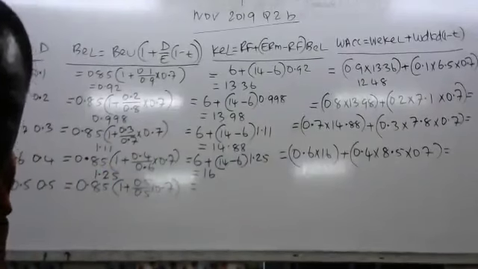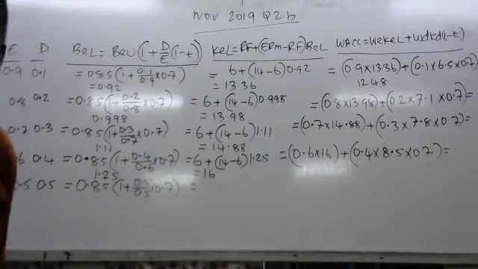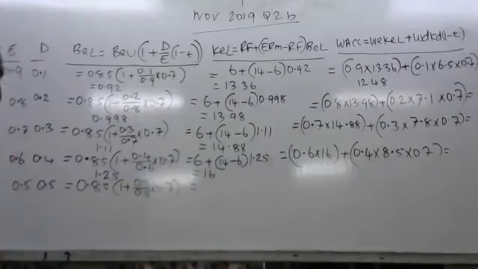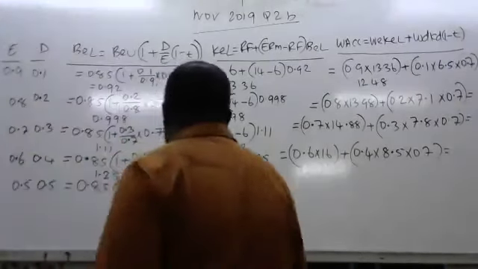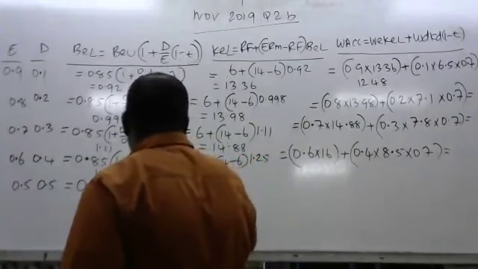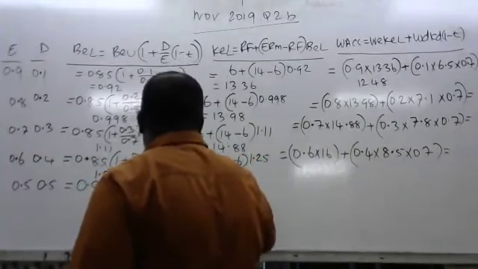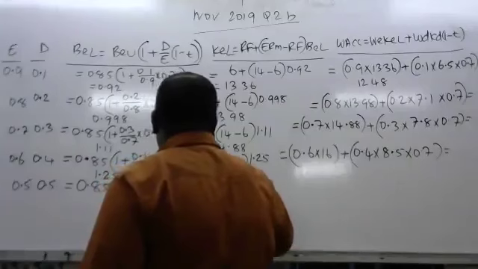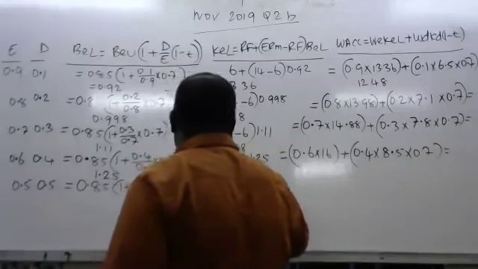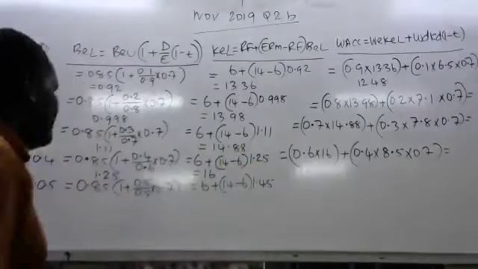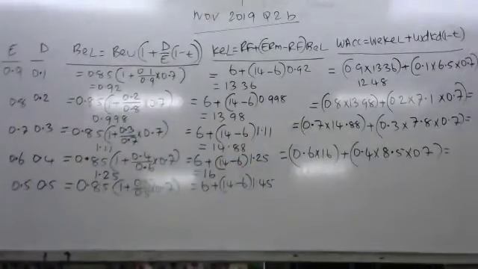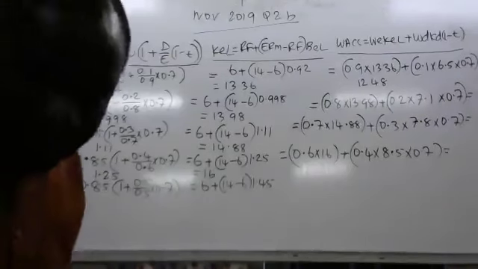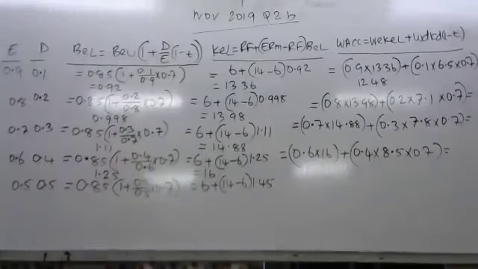So 1.45. So it will be 1.45. So when it comes now to this point, it will be 6. 14 minus 6, then 1.45. So that we now get the cost of equity for the third farm. The 17.6.